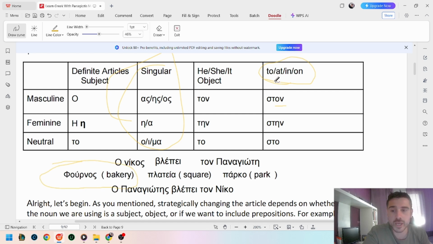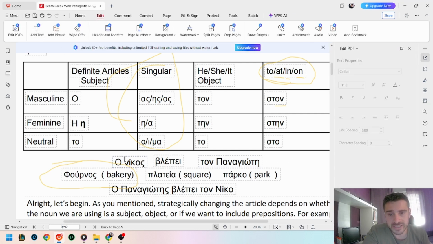If you want to say "to the bakery", you will say στον φούρνο. "At the bakery", again στον φούρνο. "In" or "on the bakery", again στον φούρνο. So how will you say "Nick watches Panagiotis at the bakery"? You will simply say ο Νίκος βλέπει τον Παναγιώτη στον φούρνο.